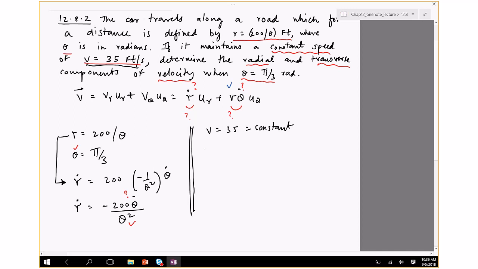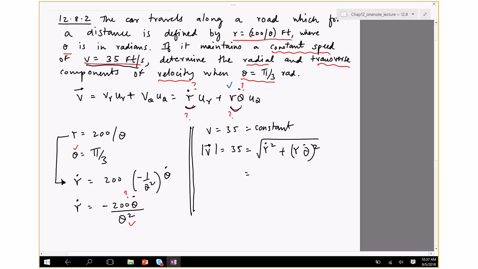So we will write the magnitude of V is 35, but we know that the magnitude is simply the square root of the R component squared, so R dot squared, plus the V theta component, so R theta dot squared. So that is given. So what I'm going to try to do now is sub in the value for R dot and R in that expression.